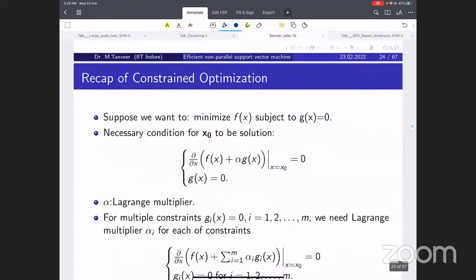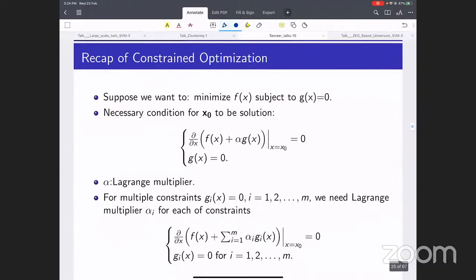Let me discuss a more general way first. Suppose we want to minimize a function f(x) subject to the constraint g(x) equal to 0. Essentially we have one function to be maximized or minimized, and we have one constraint, which is an equality.